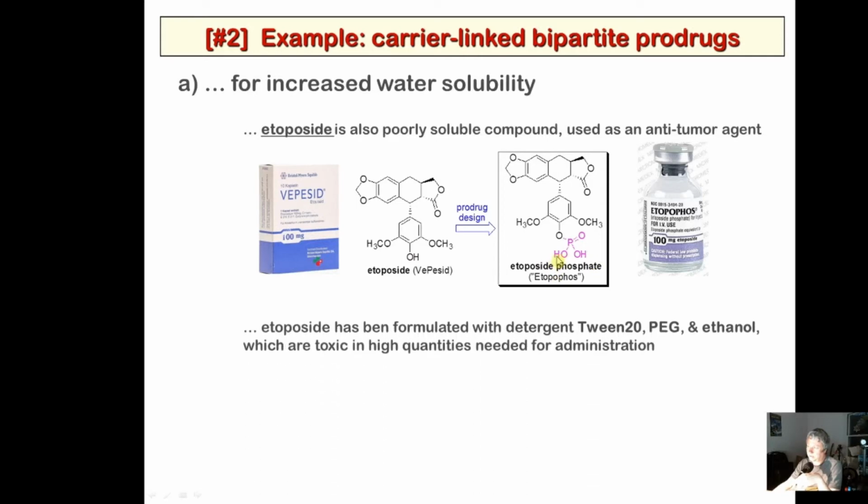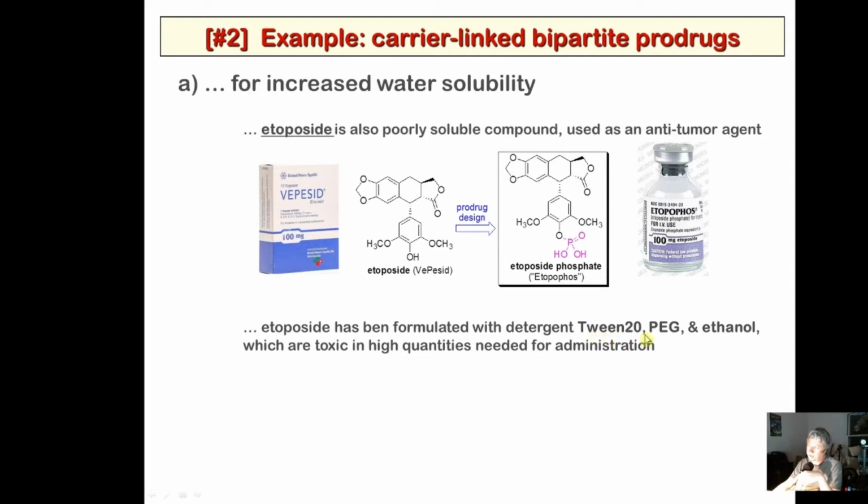And it's the same kind of thing. Interestingly, you can also just take etoposide, and it has been formulated as a drug using a couple different reagents.